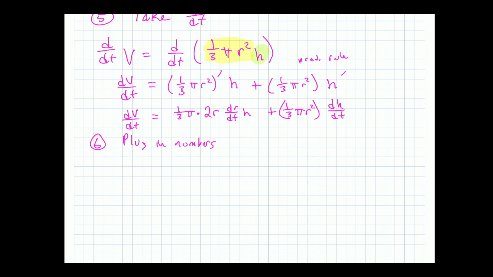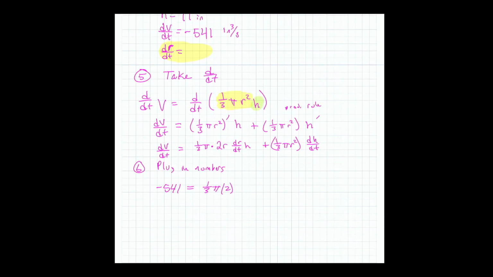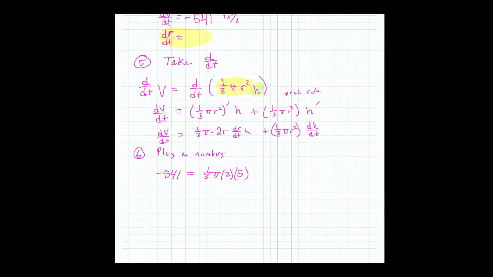So we put all our numbers in here. The change in volume was negative 541. I'm not going to write the units. Then we have 1/3 pi times 2 times R, what's R? 5. What's dr/dt? We don't know it.